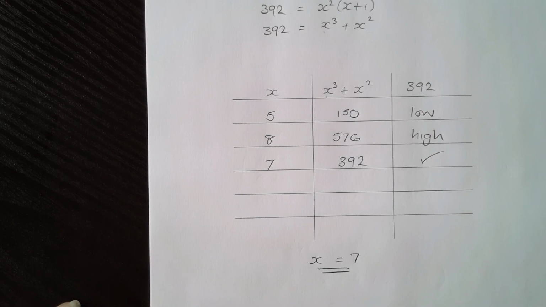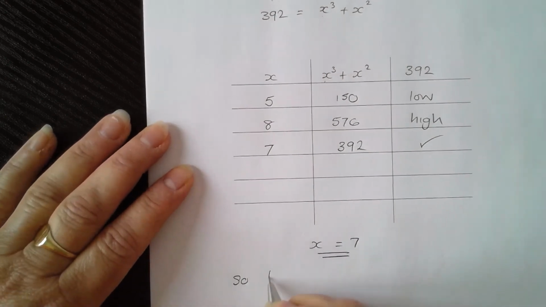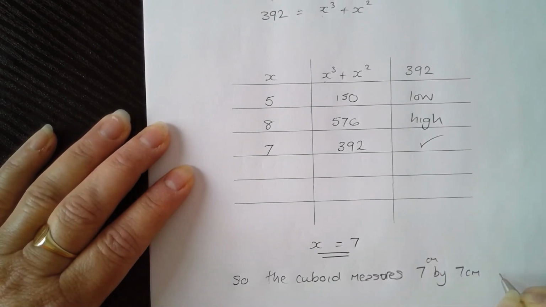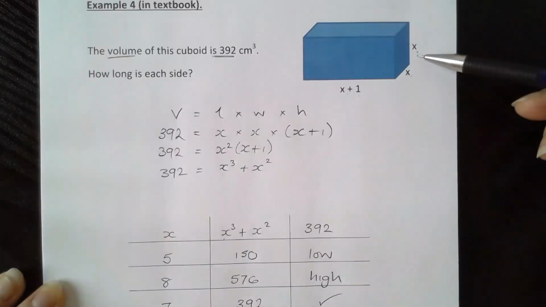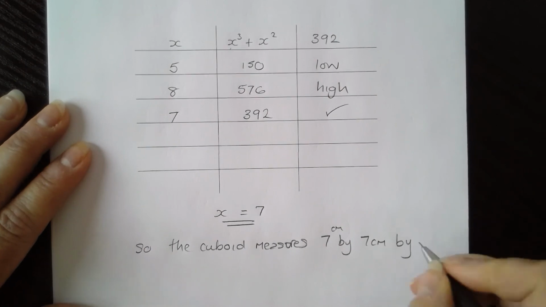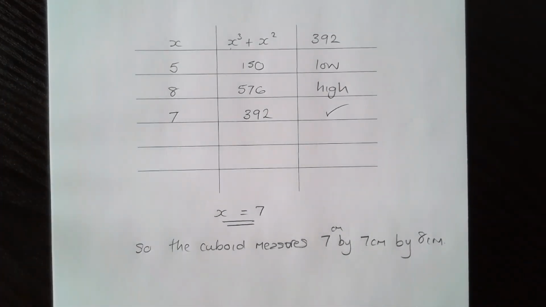So if x is 7, you can write down, so the cuboid measures 7 centimeters by 7 centimeters by 7 plus 1, so 7 by 7 by 8 centimeters.